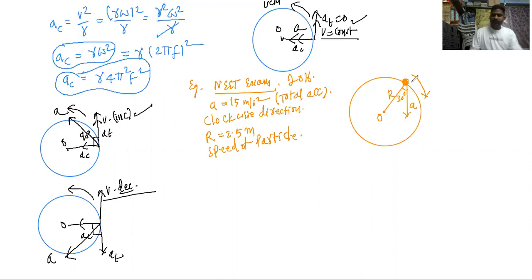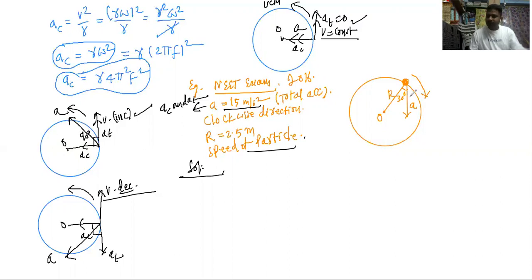All right. Now, how to solve this question? That's the important thing. What is this net acceleration given? 15 meter per second square. Net acceleration. But the question is what is the speed of the particle? This net acceleration is due to both centripetal and tangential. Will you agree with this?